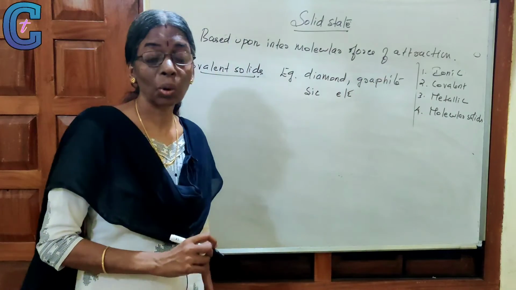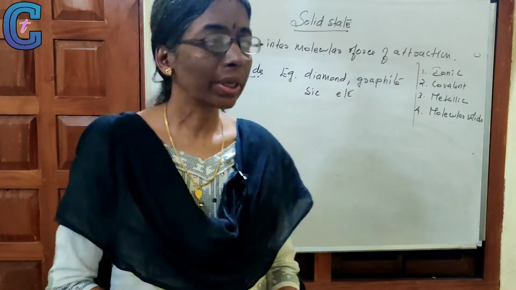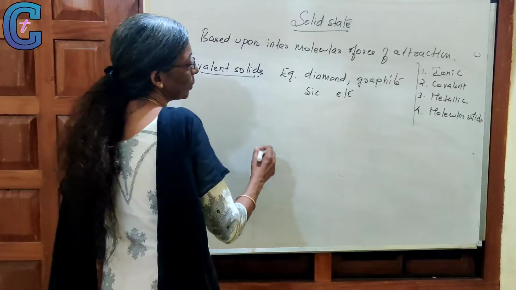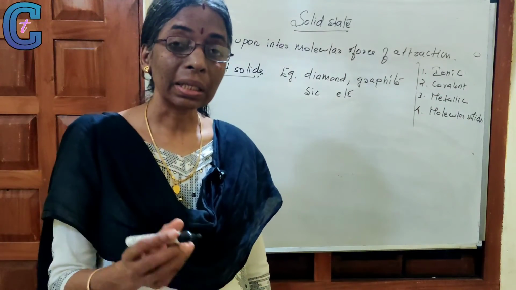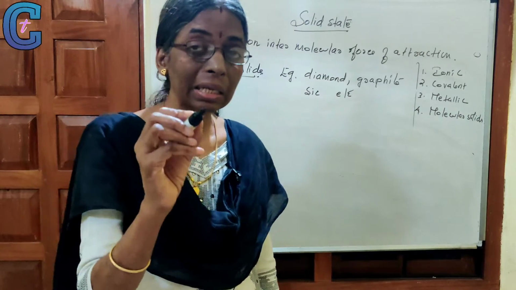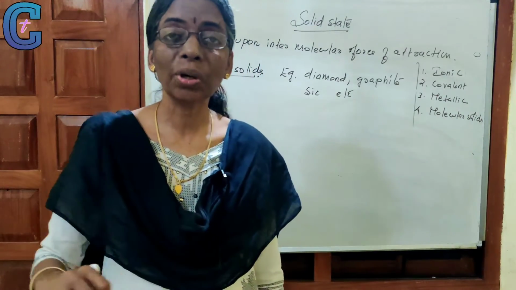In covalent solids, covalent bonds act. You might have studied diamond. What is the structure of diamond? Each carbon atom is tetrahedrally connected to 4 different carbon atoms.